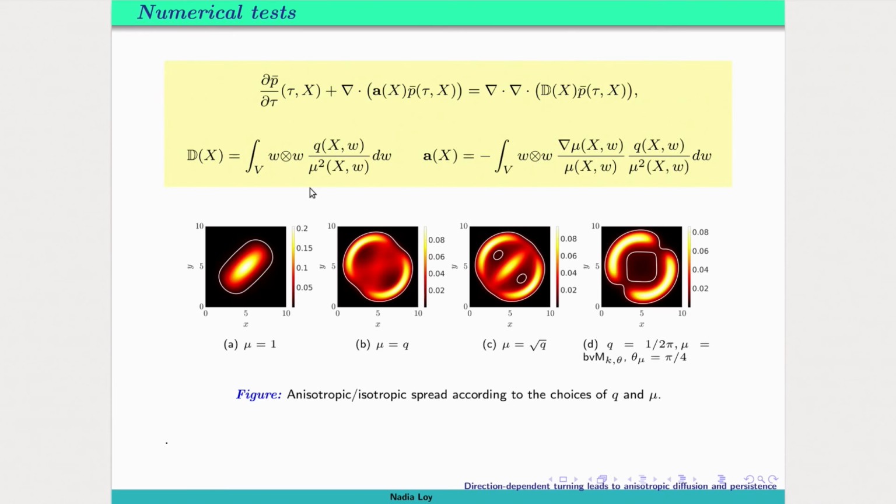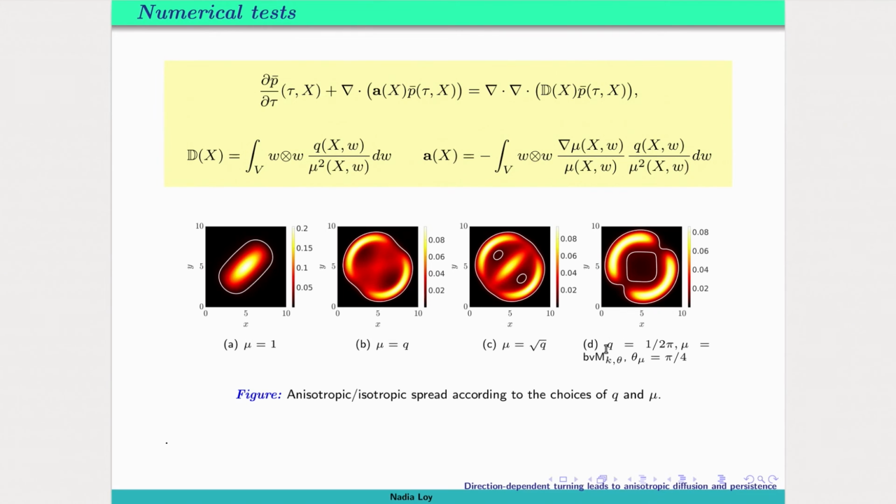And this is because mu here is stronger in the definition of the diffusion tensor. Then instead if Q is equal to mu squared, then we have both diffusion in the direction pi 4 and in the orthogonal direction. So we have this kind of strange isotropic diffusion.